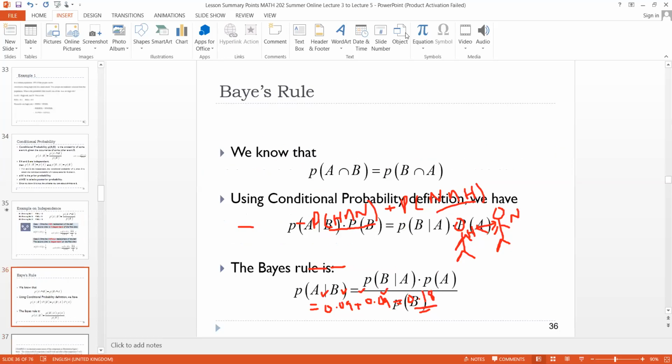Now we'll look at Bayes' theorem briefly.